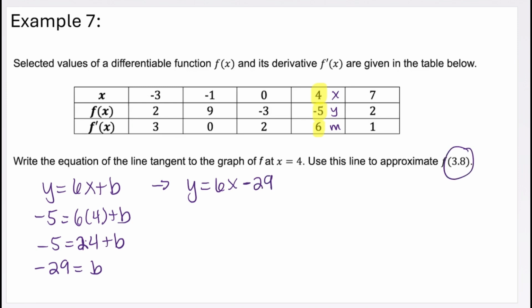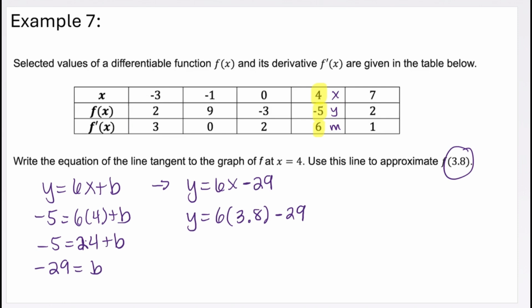And then I'm going to approximate 3.8. So I'm going to plug 3.8 into this function. So 6 times 3.8, 6 times 4 will be 24. But we're 1.2 less than that, so it'd be 22.8.